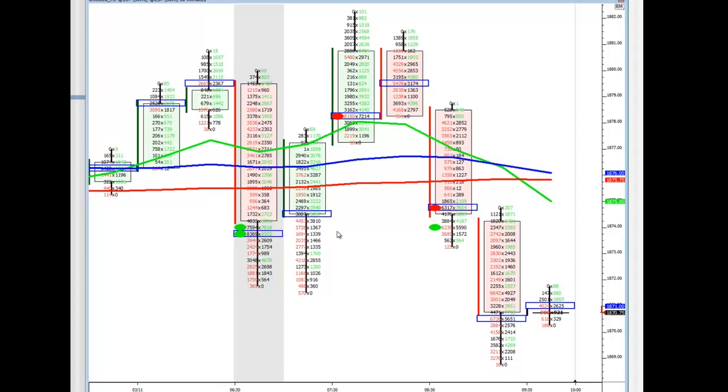So in this case, I took the profile off the chart just to show you how the KVT alone could help us in making those types of determinations and detecting the direction of the market. Notice here I have a red dot and here I have a green.